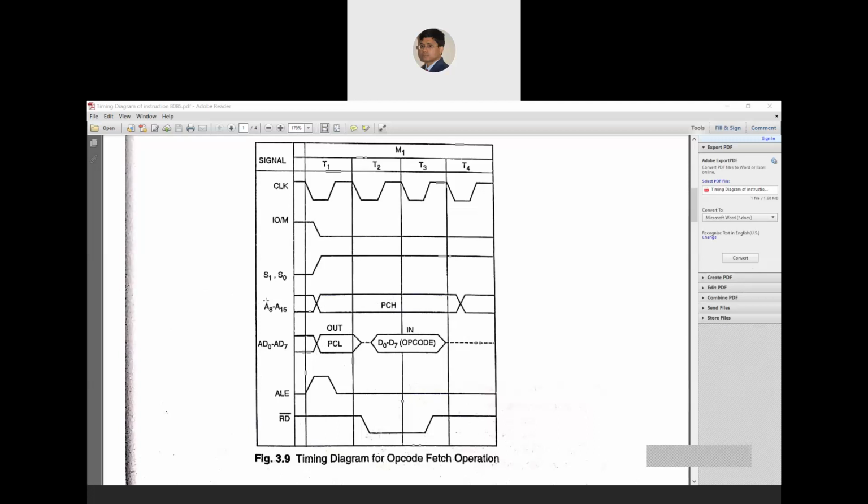So I'm talking about now A8 to A15. Whatever its previous value was, its state will change. As it is an address bus, there are a total of 8 lines, but I have shown only these 2 lines.